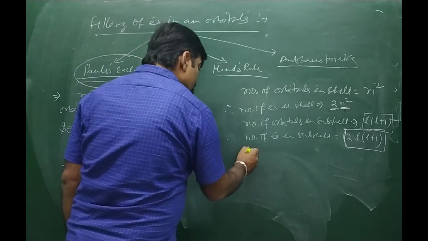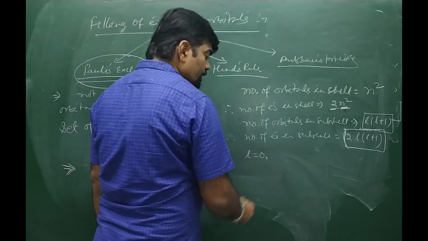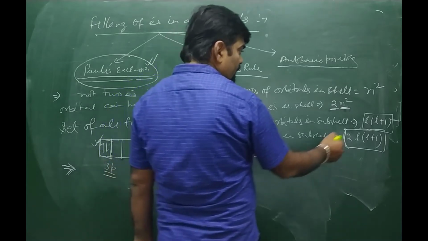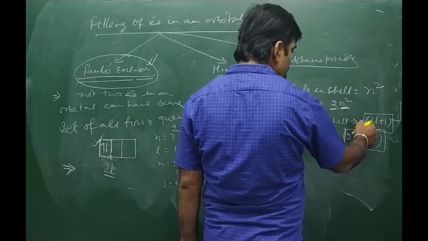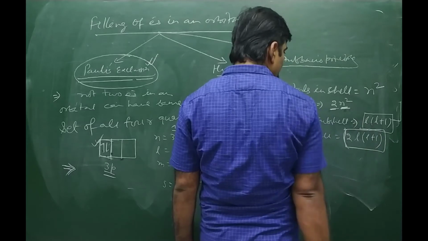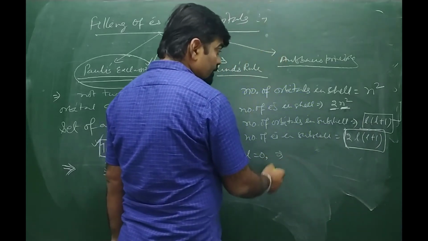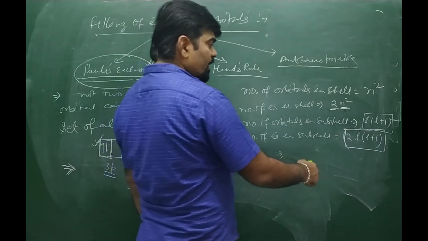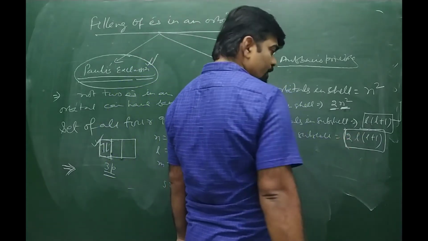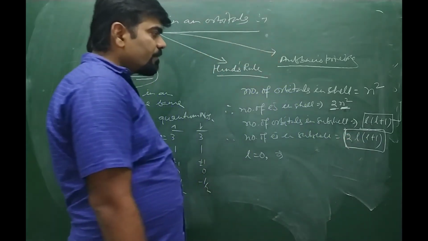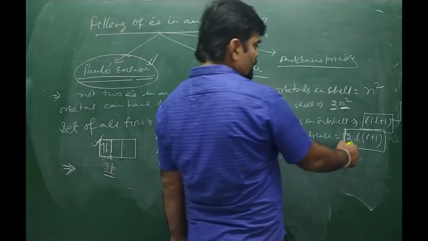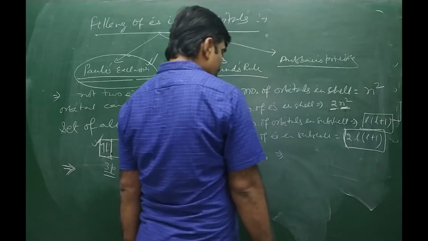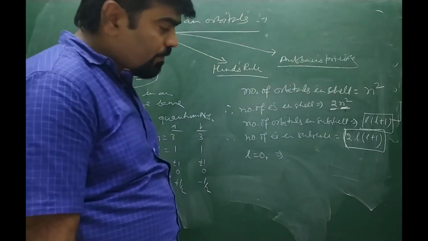Like, suppose the l value is 0. How many orbitals will be there? With l equal to 0, 2l plus 1 is 0 plus 1, which is 1. So only 1 orbital will be there. How many electrons can be accommodated? 2 electrons can be accommodated.